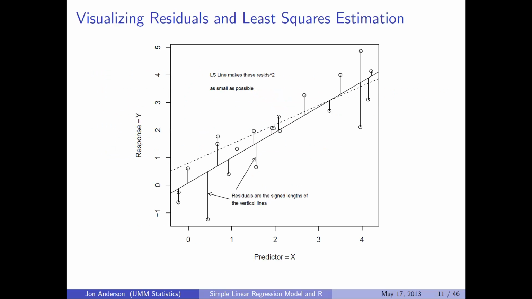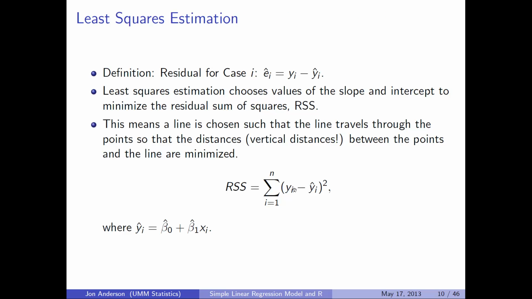That's just one of these little distances, either positive ones or negative ones if the data value y is below the line. Then we square that residual. And what this summation means is we're going to add up every one of these squared residuals from the first data value to the nth one.